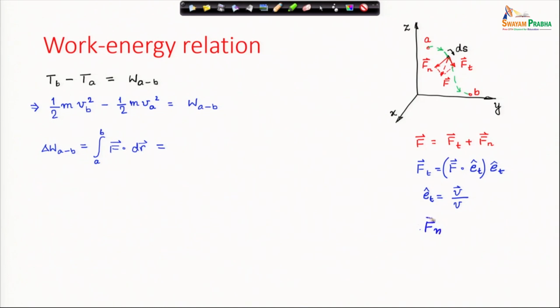The normal vector is nothing but F vector minus Ft, and Ft is already known. If you just put that expression of Ft there, you will get the normal force vector, which is normal to the path.